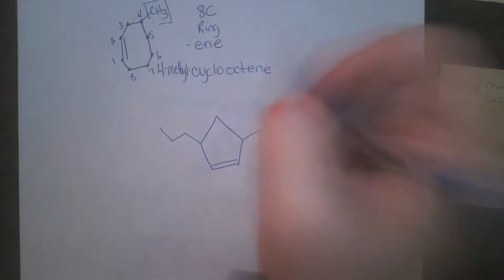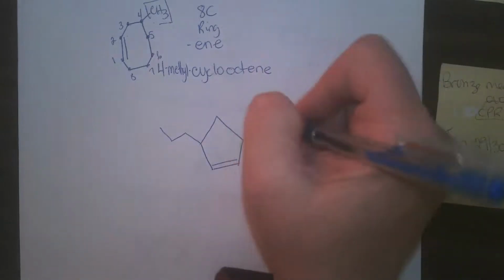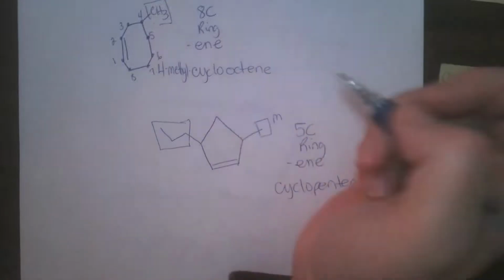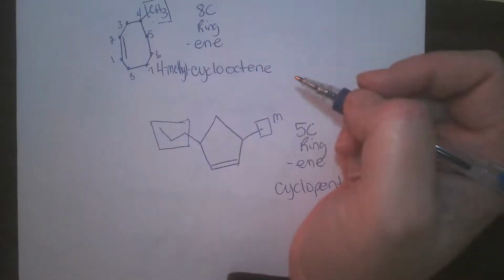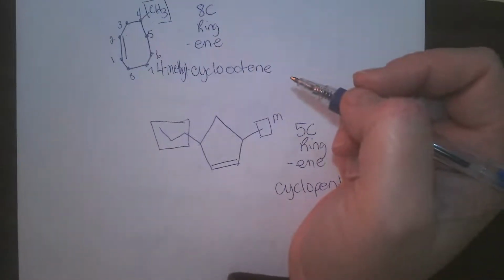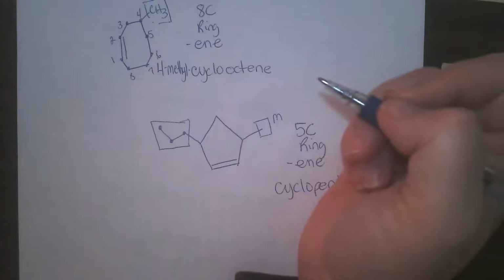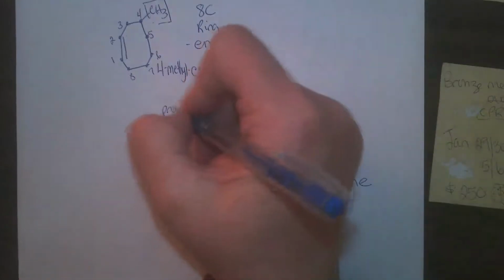And then we've got a methyl group here. And over here, we have what kind of group? One, two, three. Propyl.